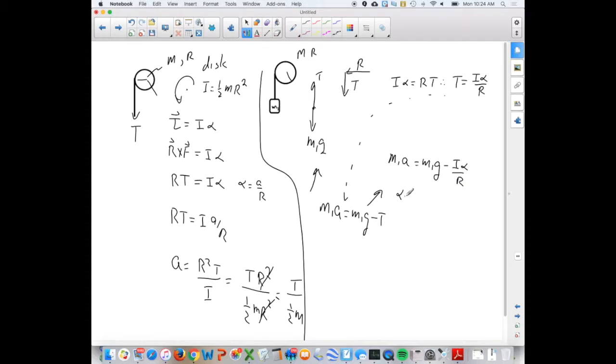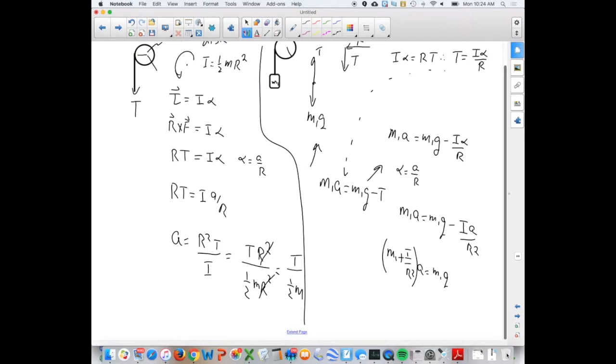Remember that alpha is equal to A over R, so I can rewrite this as M1A is M1G minus IA over R squared. Rearranging this, I get M1 plus I over R squared, all times A, is M1G.